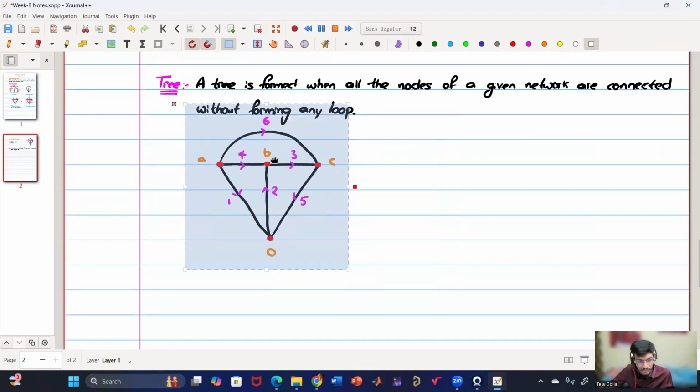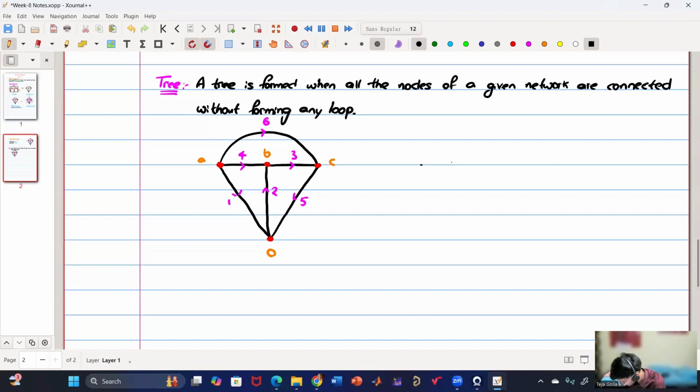We have nodes A, B, C, O. I use this one, this one, and this one. Now if you see, I have joined all the nodes and no loop is formed. This is element one, this is element two, this is element three.